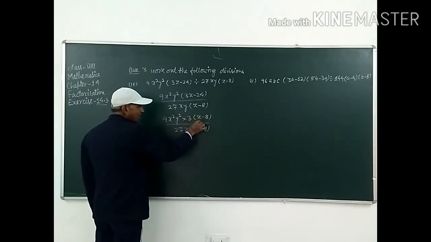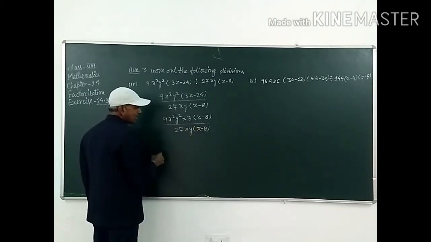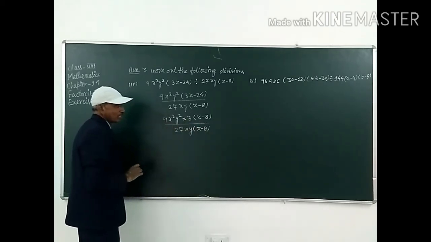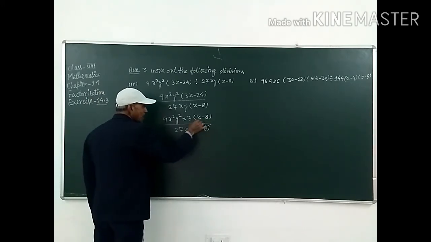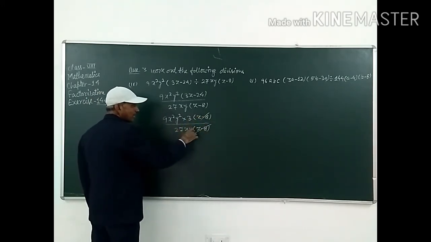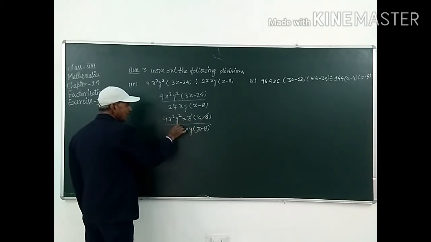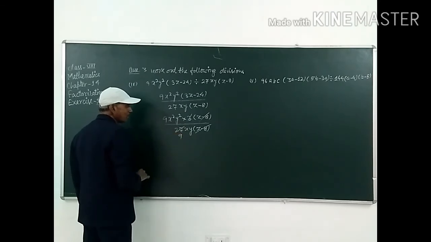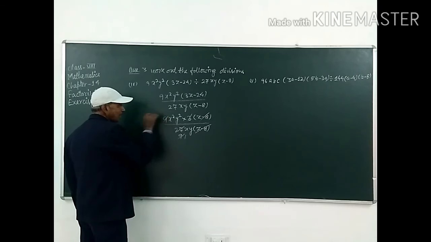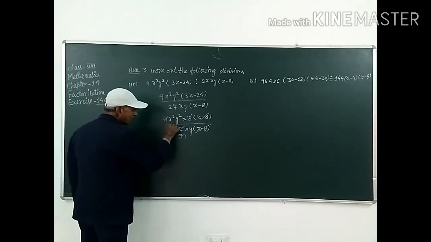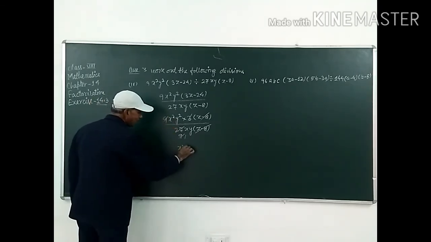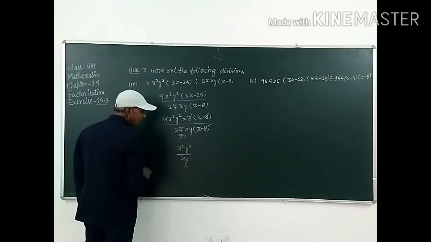Now this numerator z minus 8 and the denominator is also z minus 8, and there is a sign of multiplication, student. So we have to cancel it. z minus 8 is cancelled by z minus 8, and 3 times 9 is 27. So it will be 9, and 9 times 1 is 9, and 9 cancels here. So the numerator will be x square y square, and the denominator, that is xy.